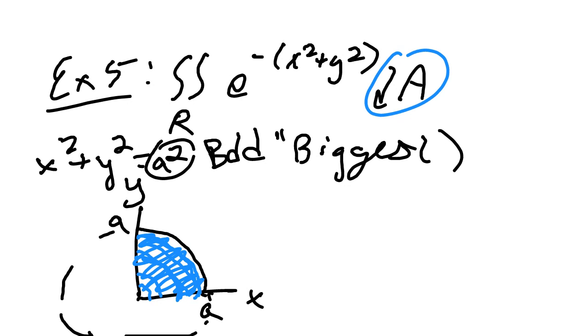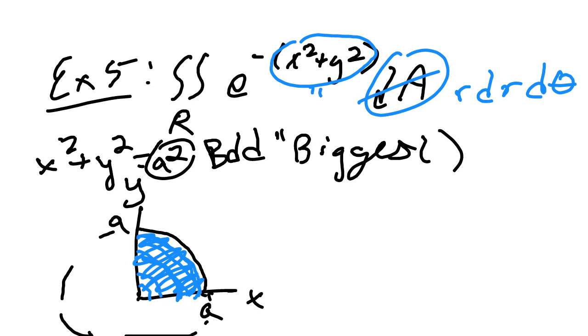We're going to utilize that once again. Instead of dA, what do we have? Well, if we're going to use polar coordinates here, I want to use r dr d theta. But then again, I don't have polar coordinates here, do I? I have x squared plus y squared. But what does that equal in polar coordinates?